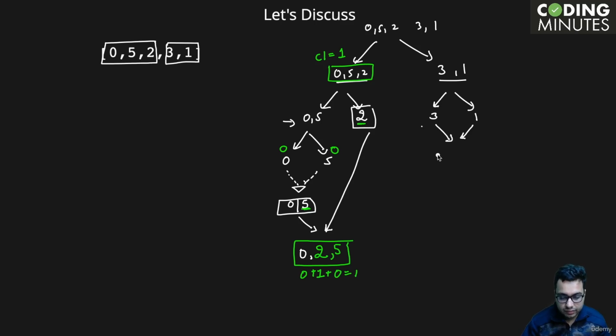So now we have 3 and we have 1, and you can see when we are going to take an element from the right, that means it is smaller than this element, and this element is coming before it.